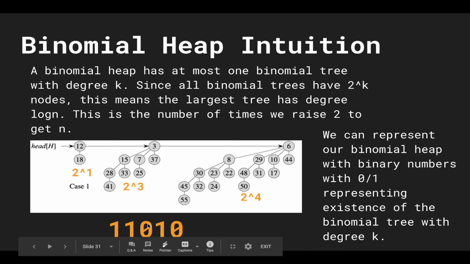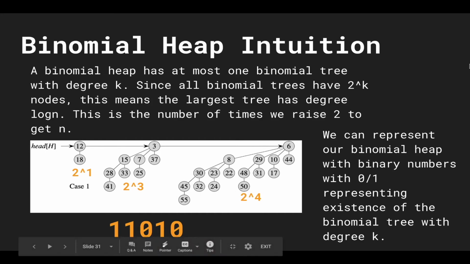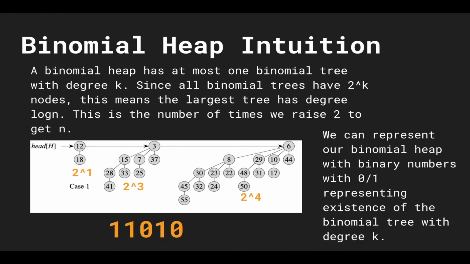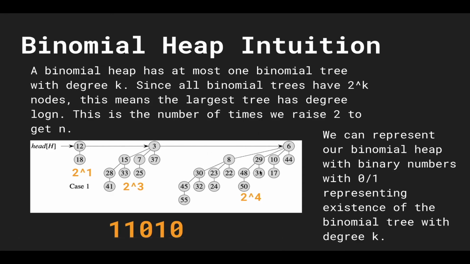We have 0 here because there's no trees of degree 2, and then 1 here for degree 3, and 1 here for degree 4. And this is just counting binary because we want to count 1 for 2 to the 1. So we have 1, 2, 4, 8, 16. That's binary, and these are the same number of nodes in these trees. So we can represent our binomial heap with binary numbers, with 0, 1 representing the existence of a binomial tree at degree k. And this isometry between binary numbers and binomial heaps allows us to merge binomial heaps very efficiently.